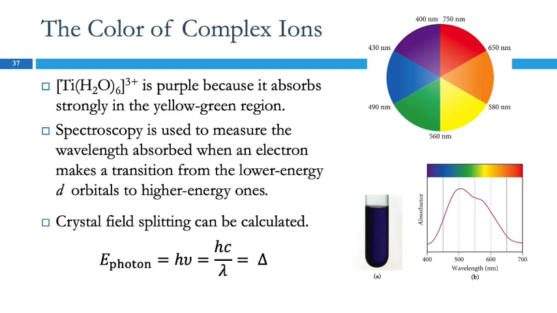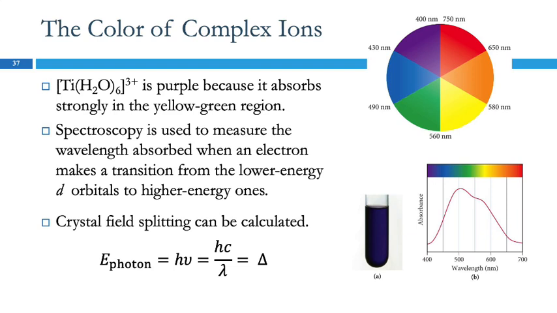And that light that is absorbed is due to the transitions from the low energy d orbitals to the higher energy ones. And the difference here is on the order of visible light, and so that's why these are colored.